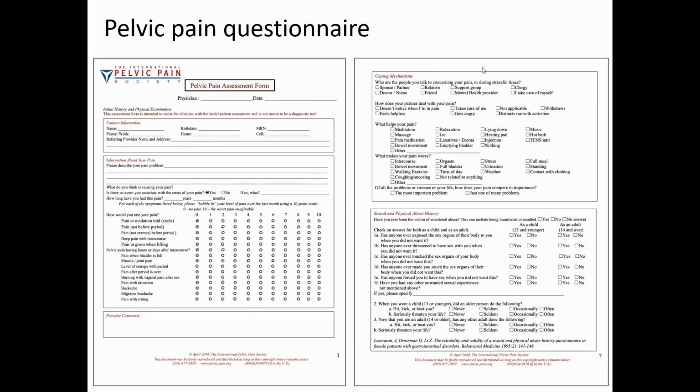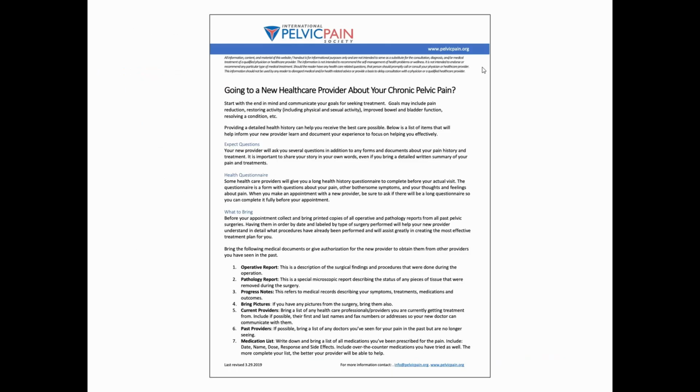I find that there are also some parts of the International Pelvic Pain Society questionnaire that are easier to assay through the questionnaire than they may be in an interview forum. So I really value this when working with patients with endometriosis.